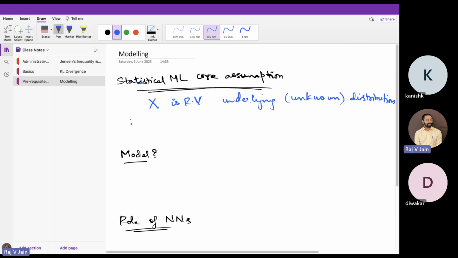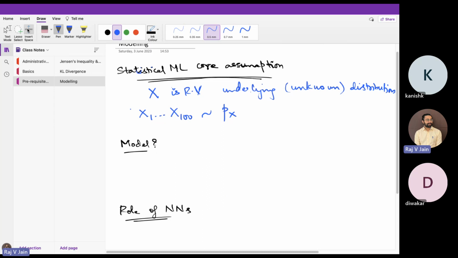For example, let's say you have taken your Nikon camera and you have a lot of images with you. What ML tells you is to treat those images, say some 100 images, as just samples coming from this random variable X. For our whole discussion, we'll call that distribution Px.